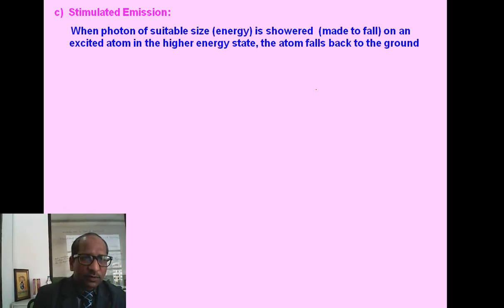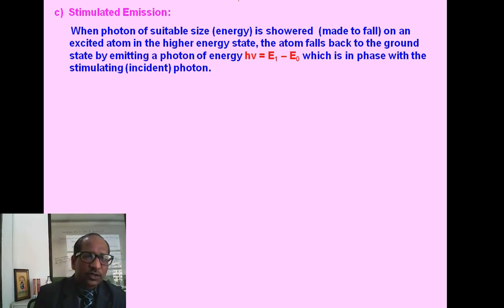And now the third process, that is the stimulated emission process. Here what is the important point? The point is when a photon of suitable frequency or energy is showered on an excited atom in the higher energy state, the atom falls back to the ground state by emitting a photon of energy h nu, E1 minus E0, higher energy state to the lower, which is in phase with the stimulating photon.